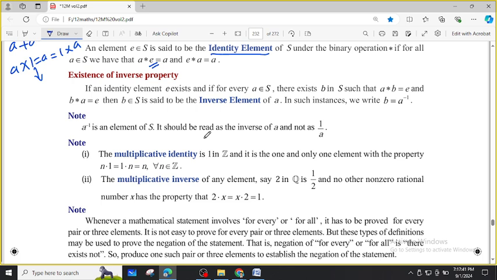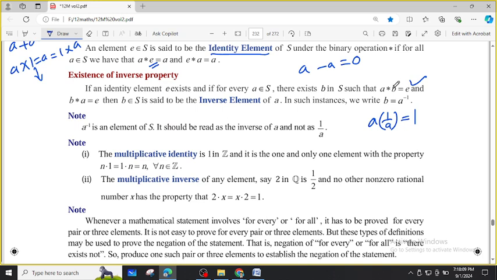Then inverse. If you take the inverse, you have to get the identity. Suppose for a, minus a is the inverse, you are getting 0, which is the identity. So minus a is the additive inverse. Multiplicative inverse means 1 by a, which gives 1. However, inverse we can define only with the operation, and we have to give the identity element.